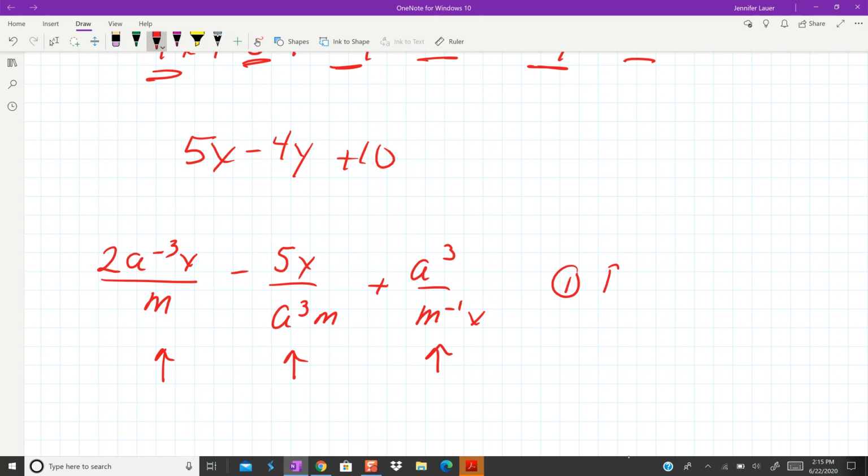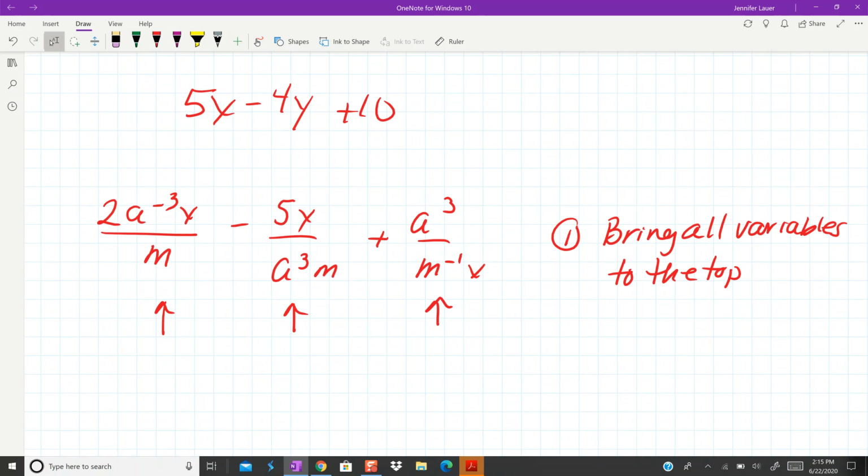Number one, you're going to bring all variables to the top. So what does that mean? Well, that just means you're going to change the exponent sign. So 2a to the negative 3, x, m to the negative 1. By bringing this m up, I've made it negative.